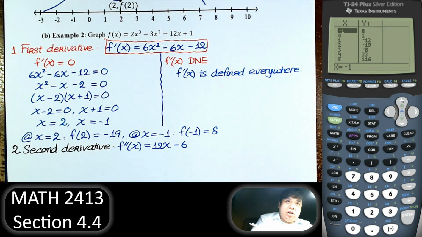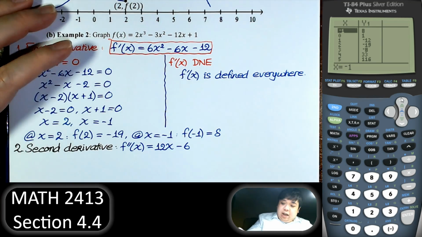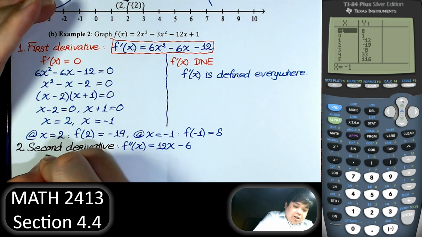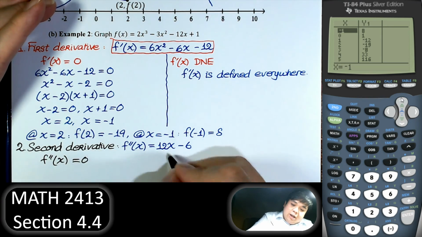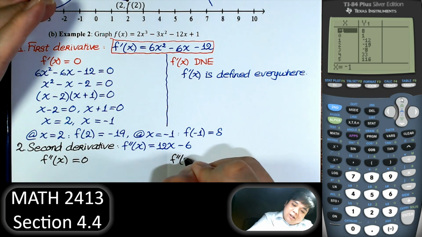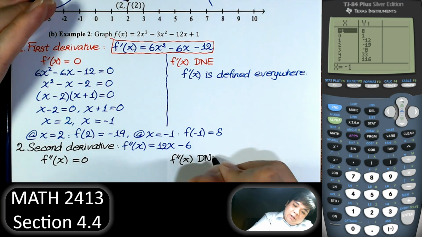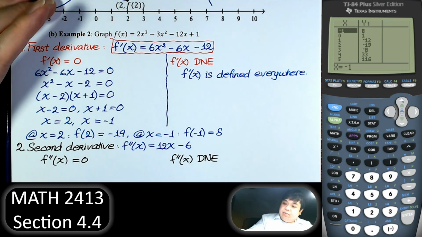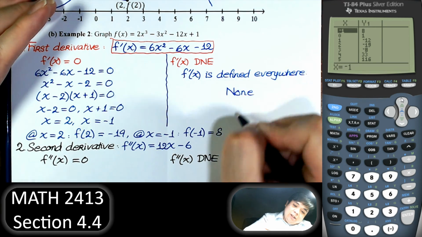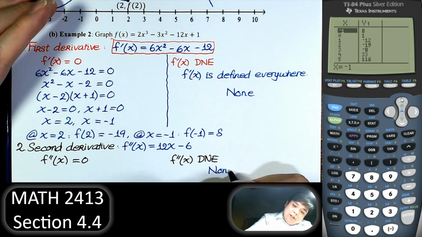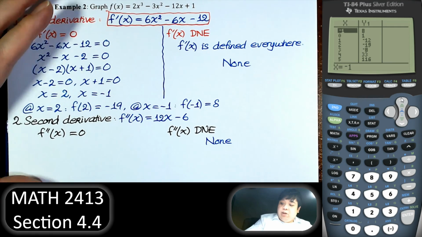Derivative of negative 12 is 0. So that is the second derivative, and then we will let the second derivative equal to 0 or not exist. For the same reason, we do not have anything here, because the derivative is defined everywhere.